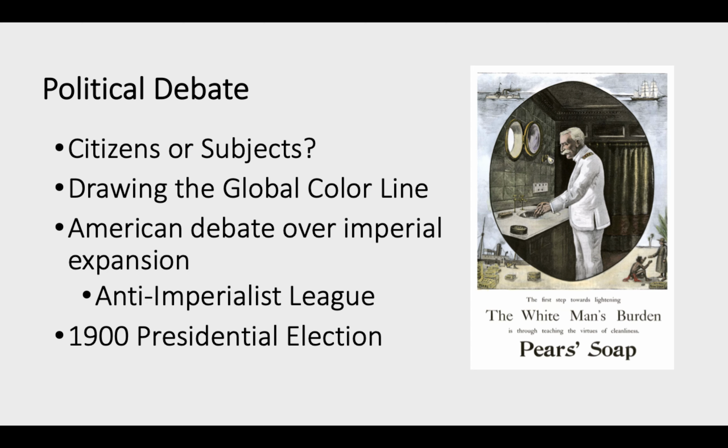Would they be citizens and eligible for all the rights that came with American citizenship, or would they be subjects and, like a monarchy, be subject to whatever the government and the president said to do? So early entry into the ranks of imperial power sparked debate amongst Americans about political democracy, race, and American citizenship.